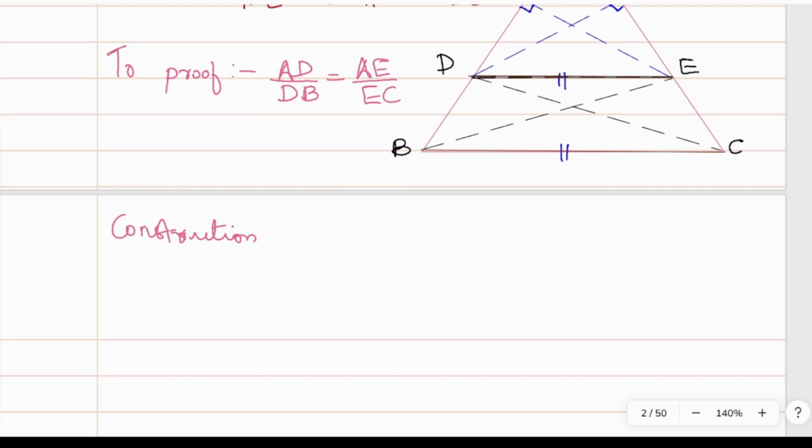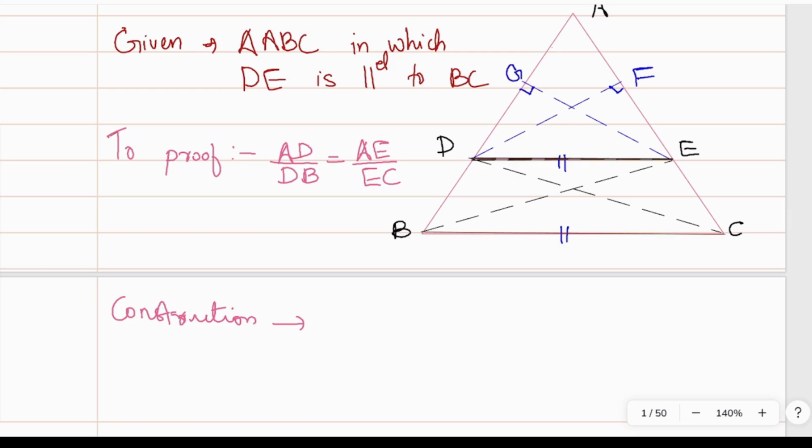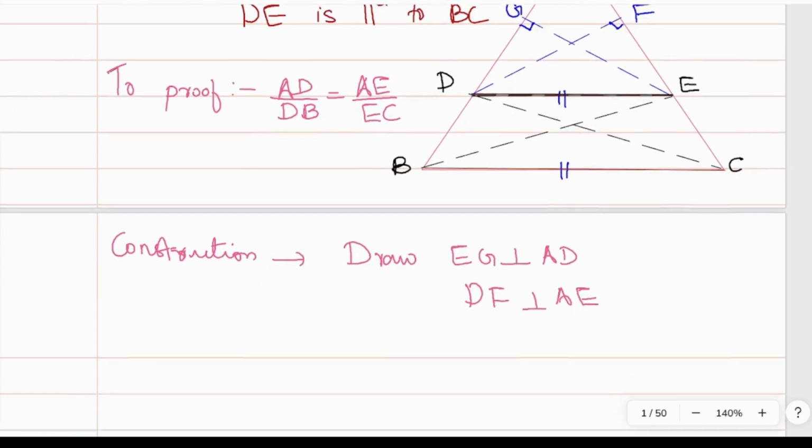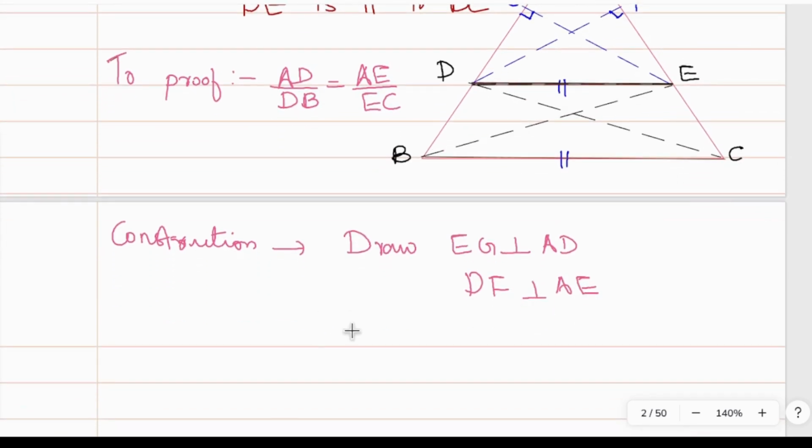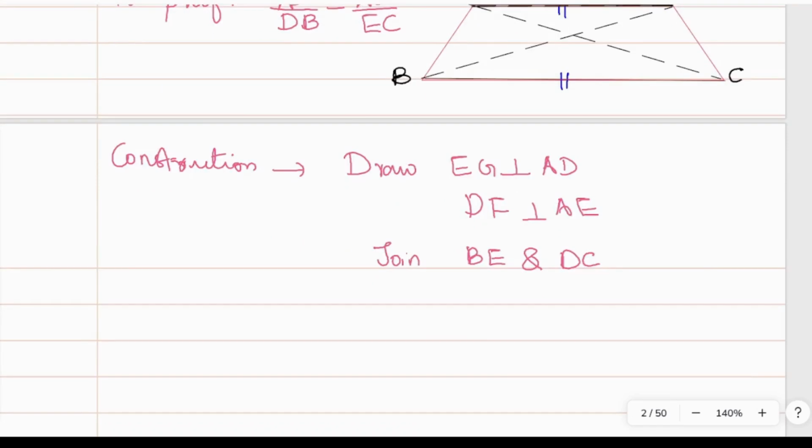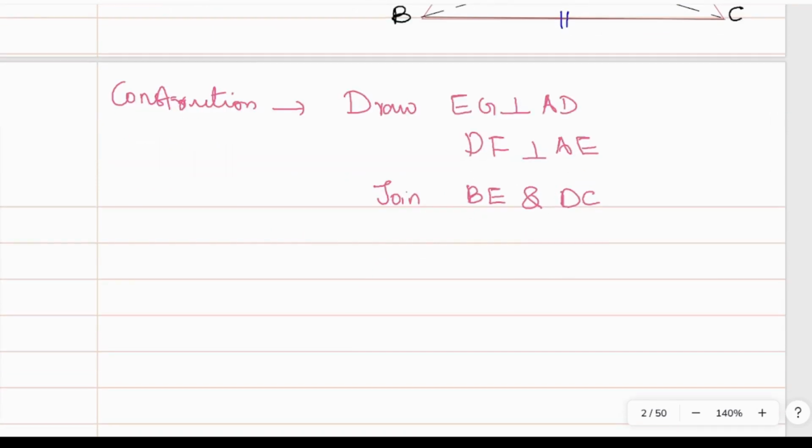Draw EG perpendicular to AD and DF perpendicular to AE. Clear? Along with that, you will have to join BE and DC. Okay.